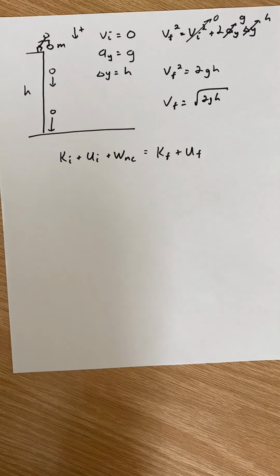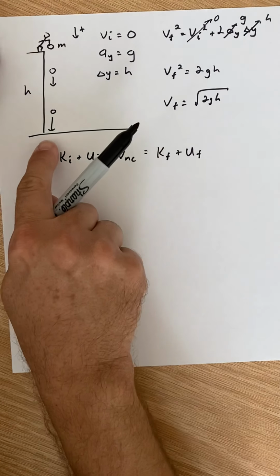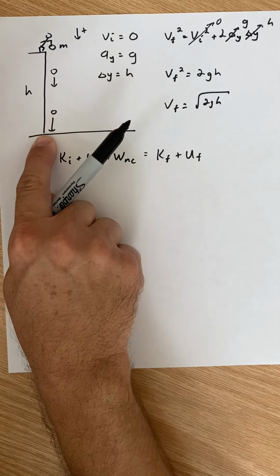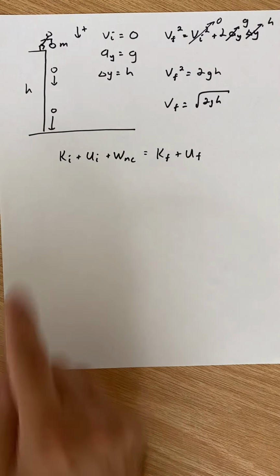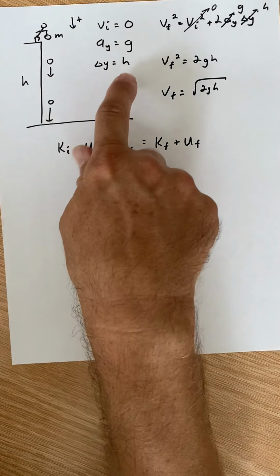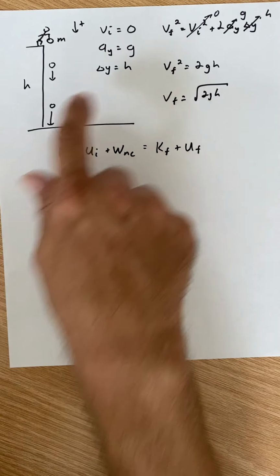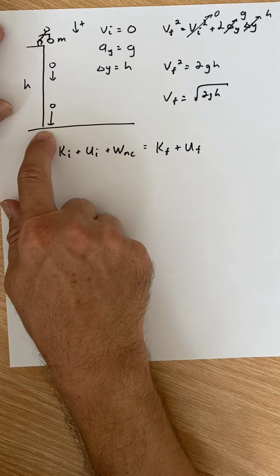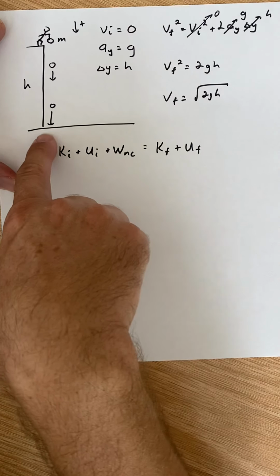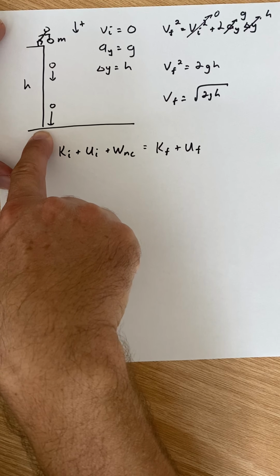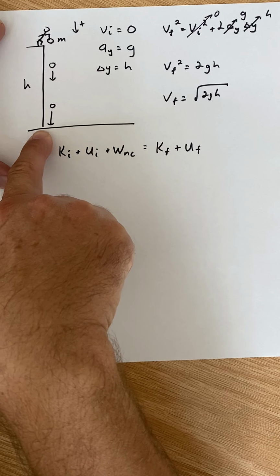So if I set my 0 point at the bottom, my 0 point for potential energy, I should say, and that makes sense. That's where I've set my origin in my first system anyway, right? When I said delta y is equal to h, I set my origin here. So if my origin is here, this is my 0 point for potential energy.